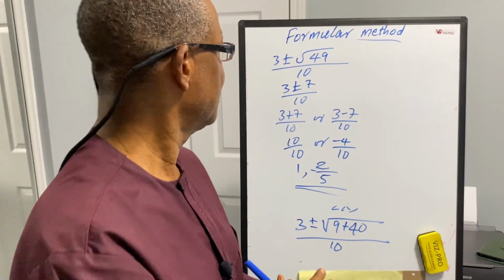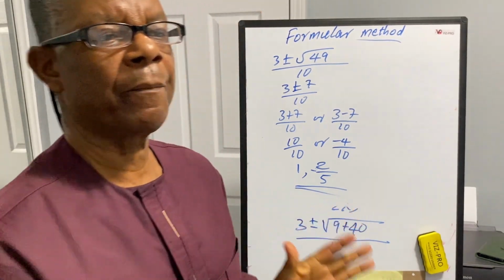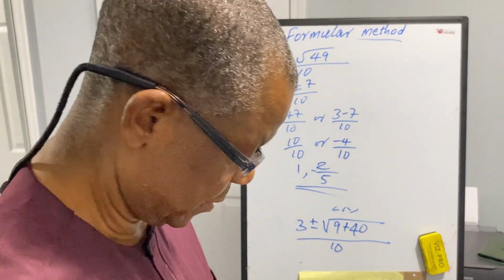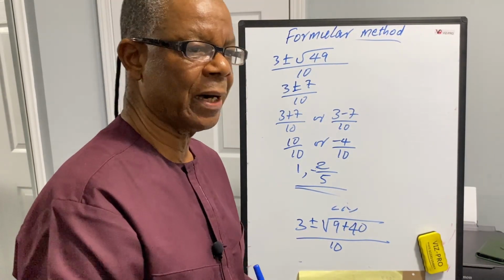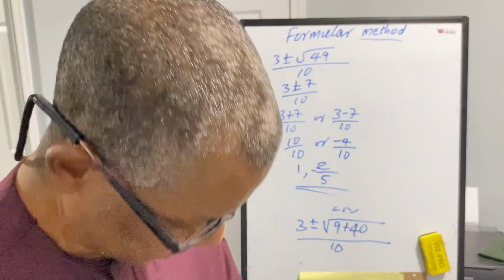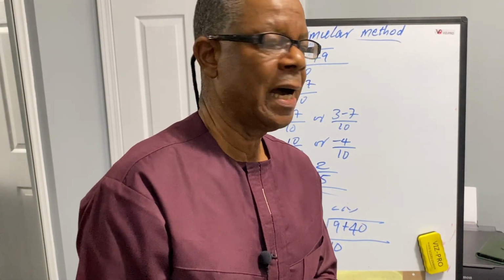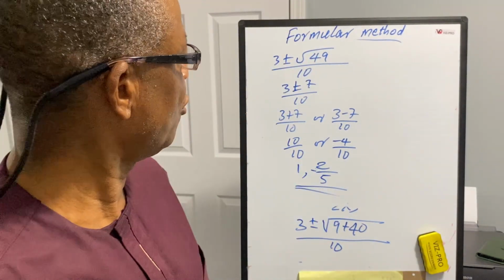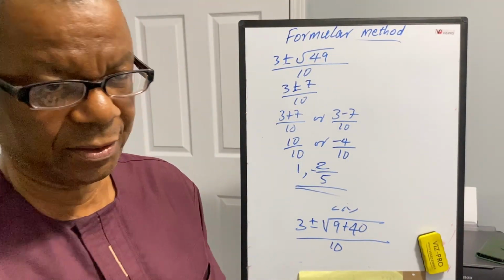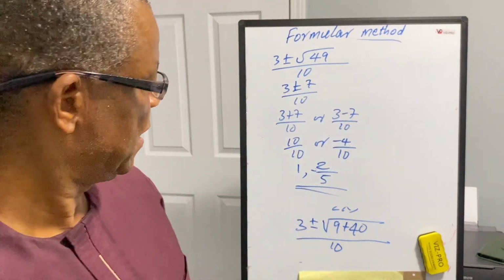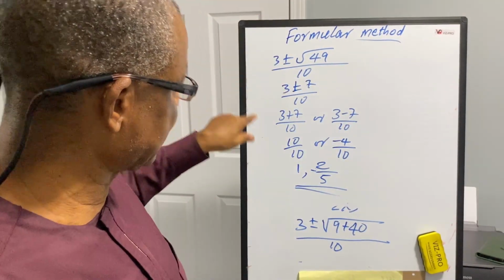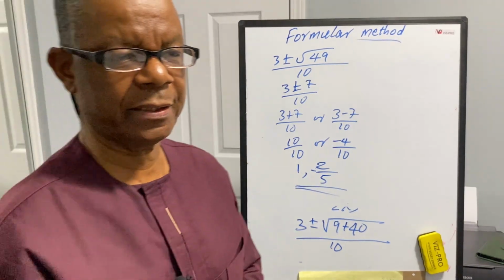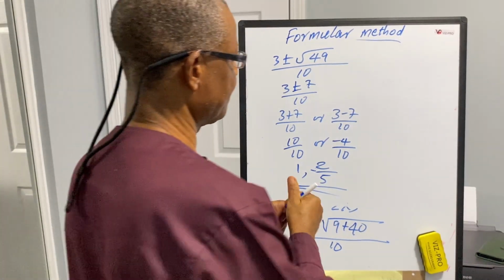This is our completing the square method and the formula method in solving our quadratic equation. Don't forget, I also mentioned another method of solving this, what we call the graphical method, where we use our graph. If we use our graph on this very particular question, our answer must be what we have got here.